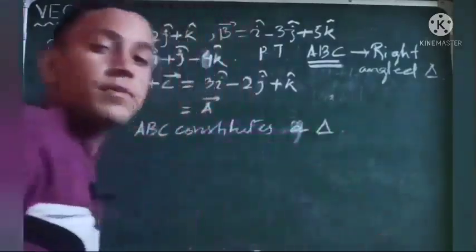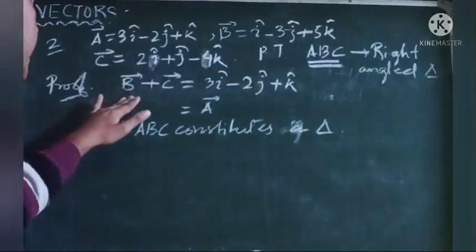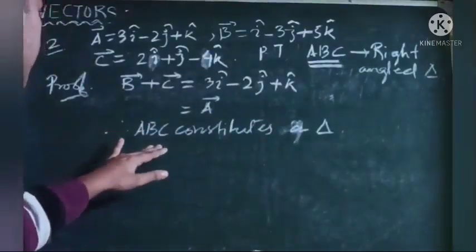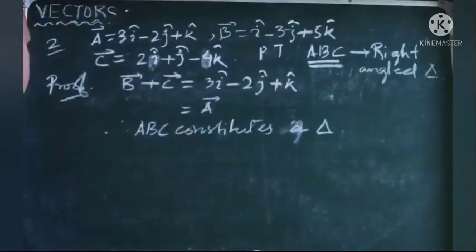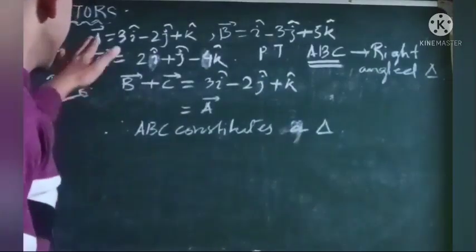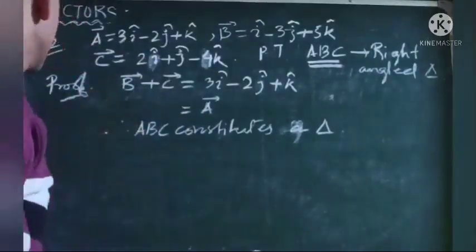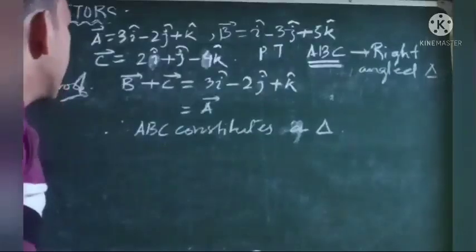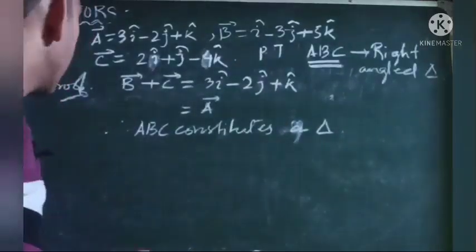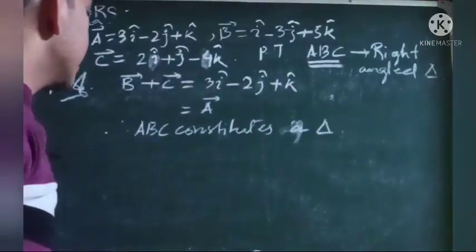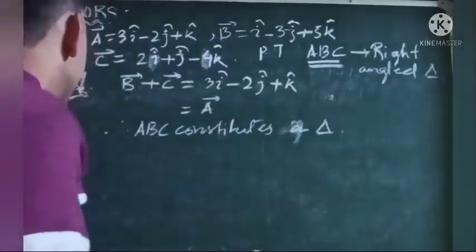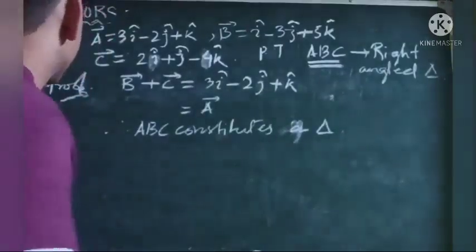Now we have to prove that this triangle is a right angle triangle. By hit and trial method we can find A dot B, B dot C and C dot A. In case of the dot product, we know that if two vectors are perpendicular, then their dot product is 0.